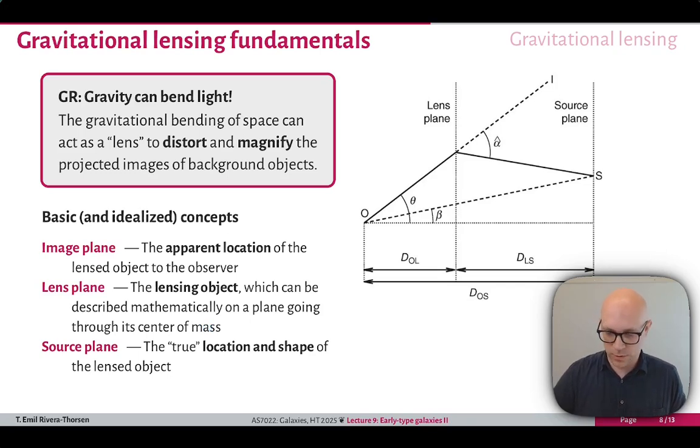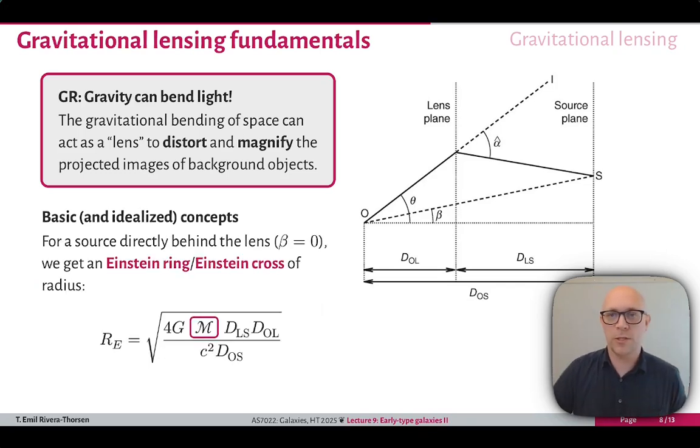And in the special case where the source and the lens and the observer are lining up directly behind each other, and the lens can be approximated reasonably well with a point mass, then we get this curious case where the light can equally well be directed in this direction here, or be bent in this direction here, or in other directions as well.